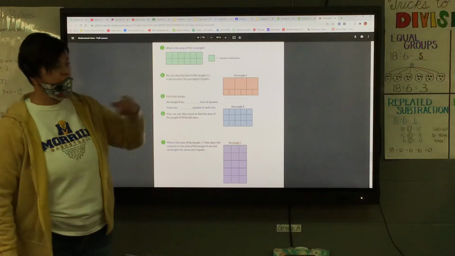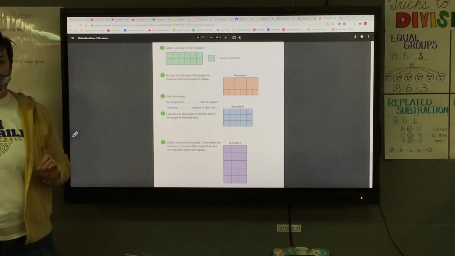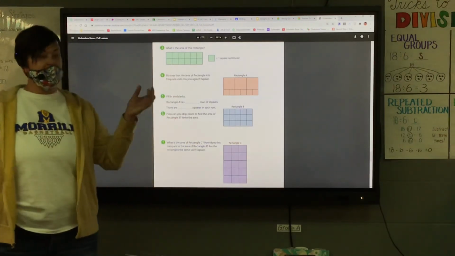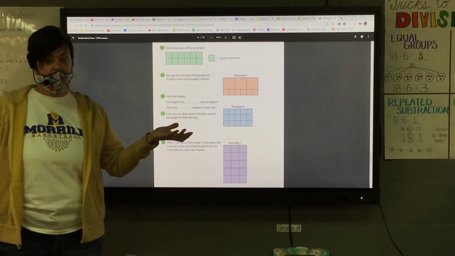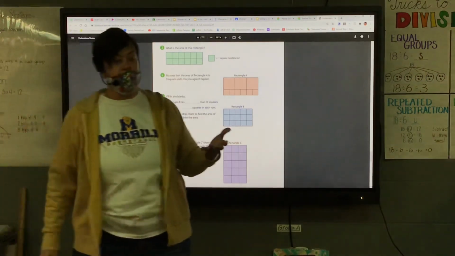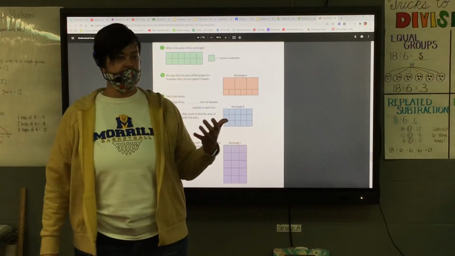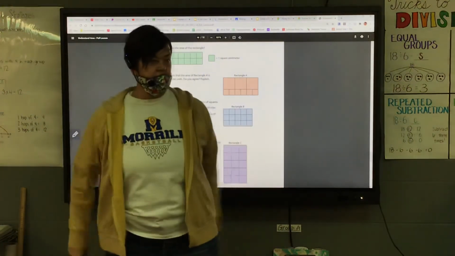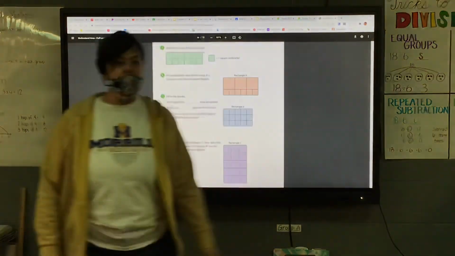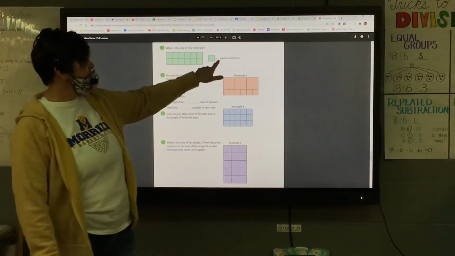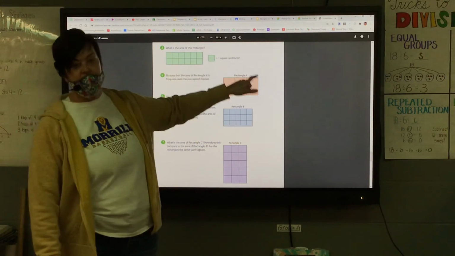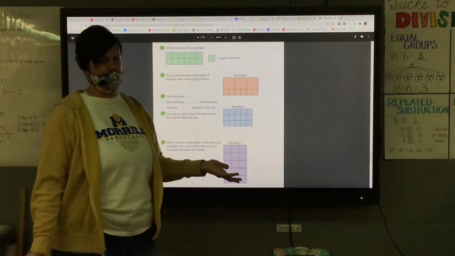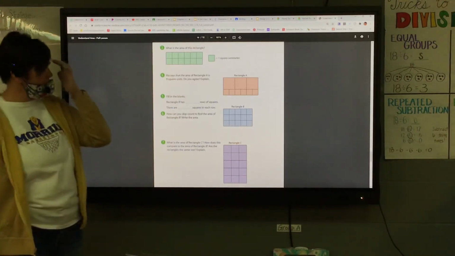Each one of these equals 1 square centimeter. So do you have to label your answer? Yeah. So let's say you think it's 30. It's not 30, so you're not going to write that down. But let's say you think that it's 30. Do you just write 30 and call it good? No, it's 30 what? 30 square centimeters. Can you abbreviate those? Yeah. Absolutely.